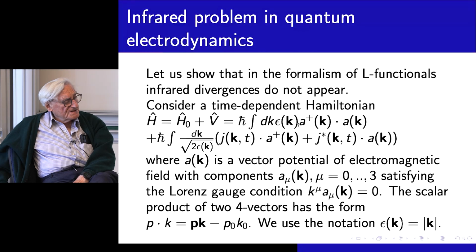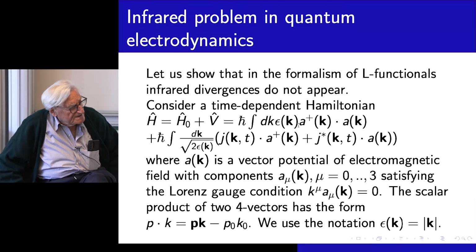So what do you have here? You can imagine that you have an electron moving, say, in some potential field, and you assume that photons do not influence the movement of the electron.